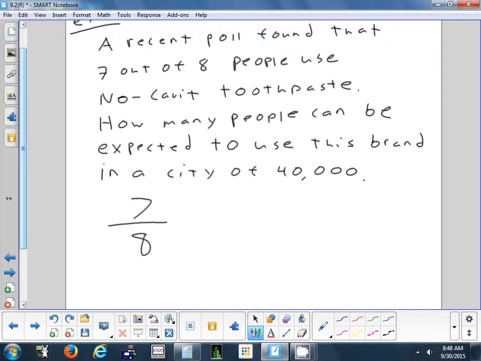And what would be your labels here? Because you don't have flour and dozen. 7 people what? So I'd put 7 people use. So you're going to have use in the top. And what's 8? 8 is the what? It's the whole. It's total.